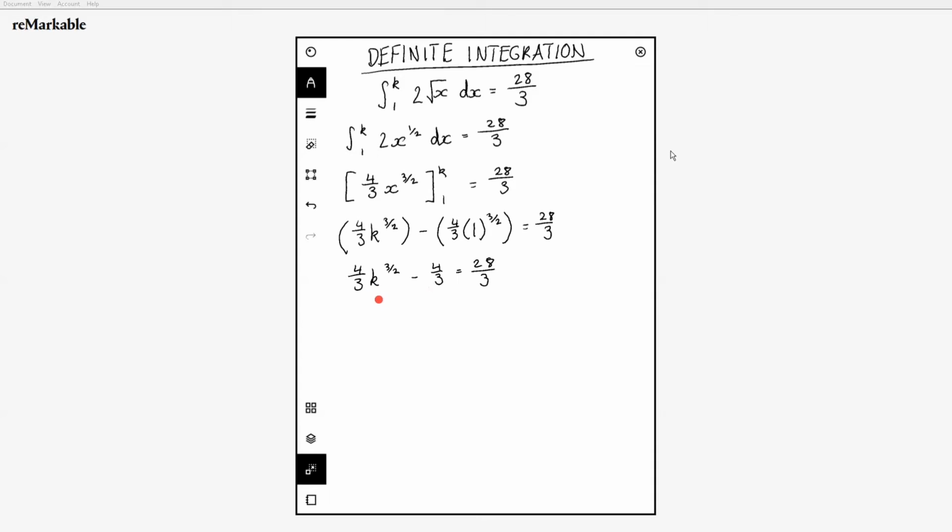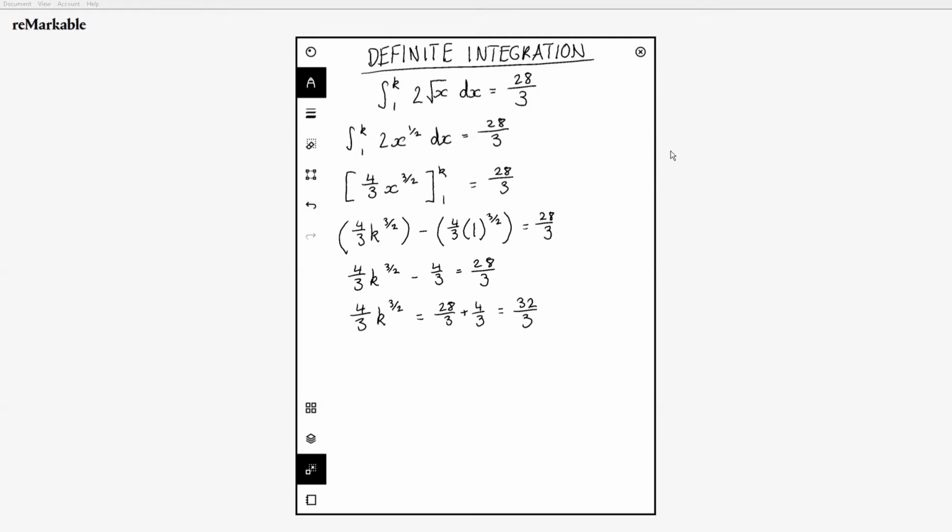Obviously, we're trying to get k by itself, so that means moving this term over to this side. So we get 4 over 3 k to the power of 3 over 2 equals 28 over 3 plus 4 over 3, which is equal to 32 over 3.